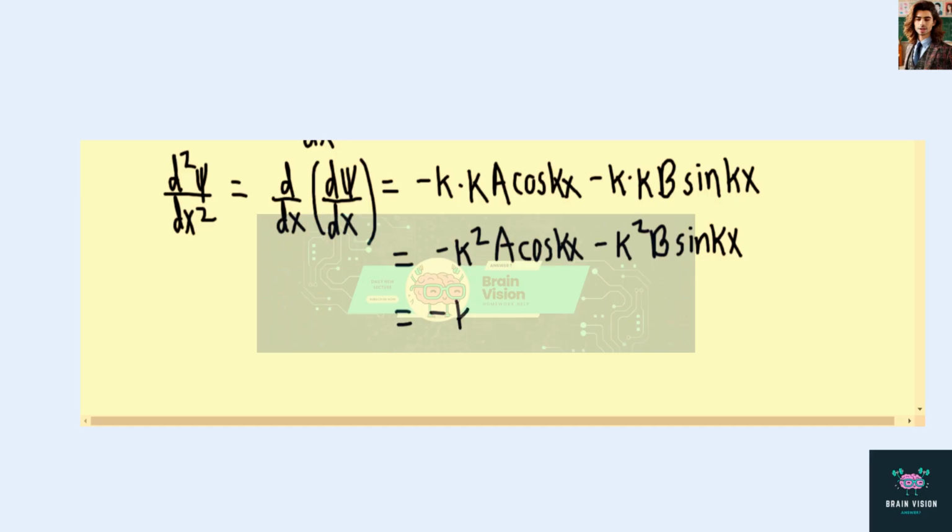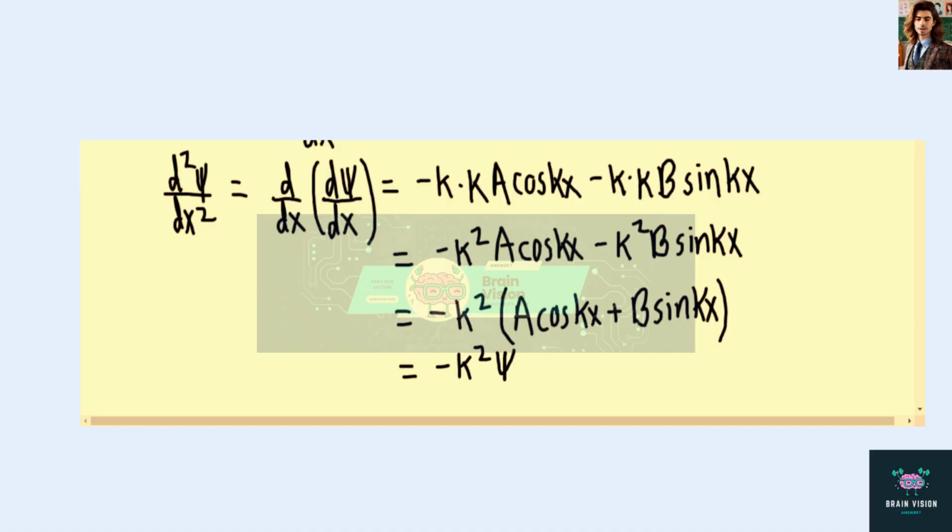So we have negative k² times a cosine kx plus b sine kx. Now, if you notice, this is really just the original wave function times negative k². So we'll just write this for short as negative k² times ψ.